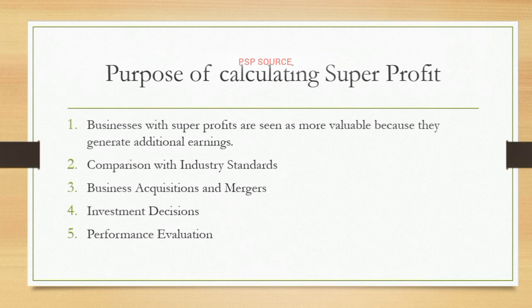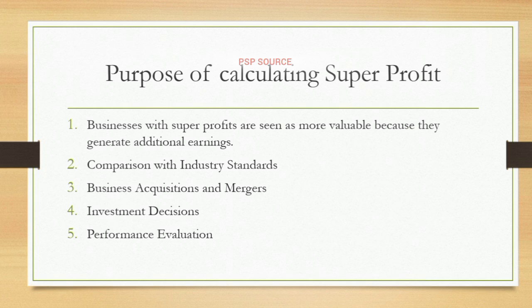The third one is business acquisition and merger. If we need to purchase a business, then super profit helps us know how much extra we have to pay for that business's goodwill.